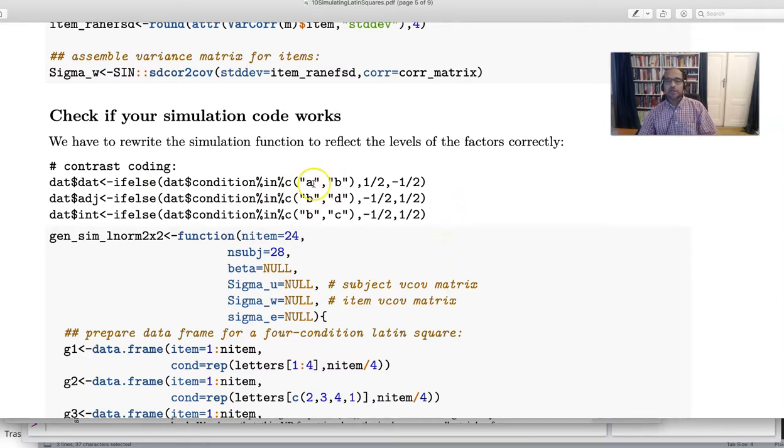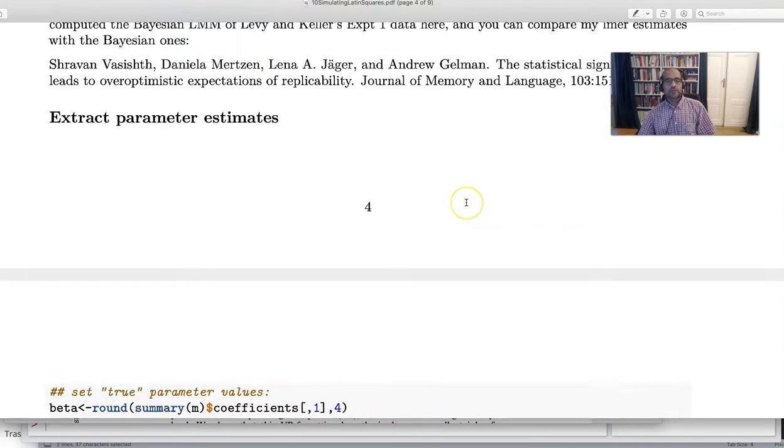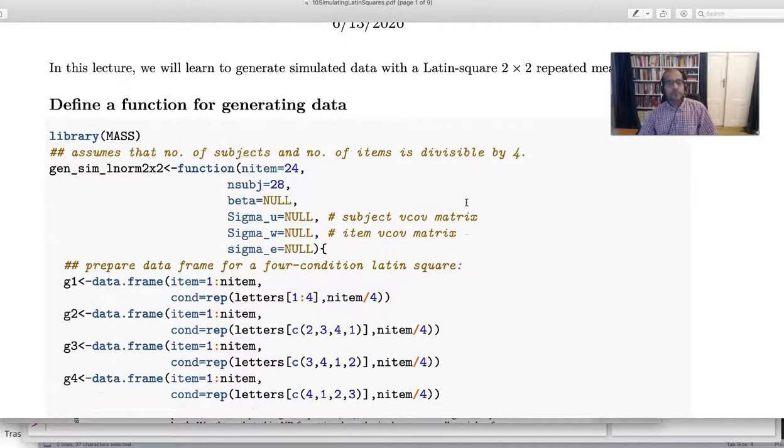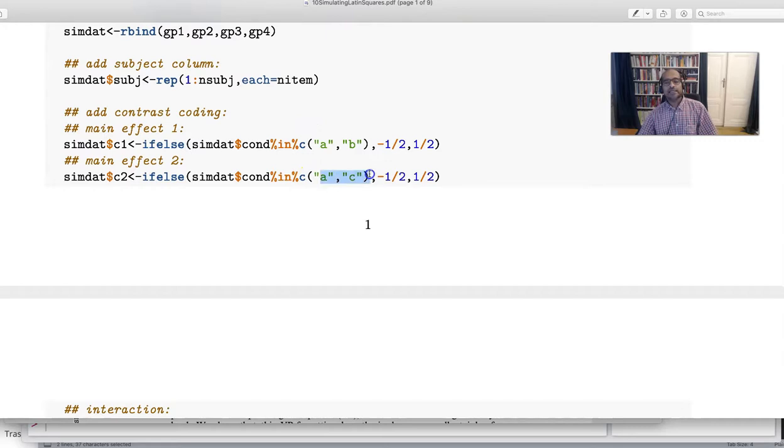Remember that I set up the first factor levels as A, B, so that matches with what I had done. But in the second factor levels, what did I have? Let's go back and see. What I had was A and C as the first level of the second factor, right?